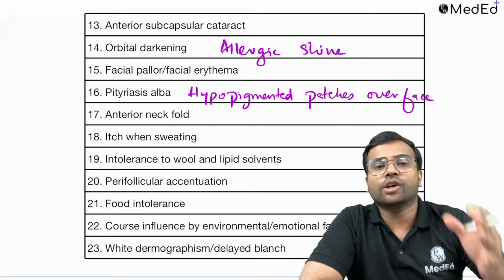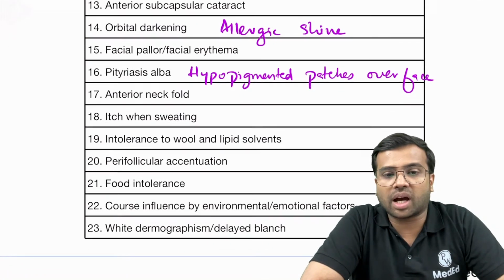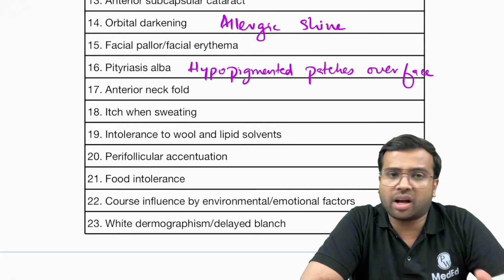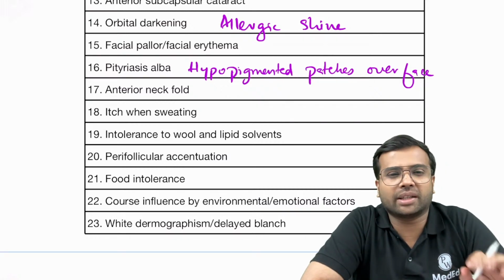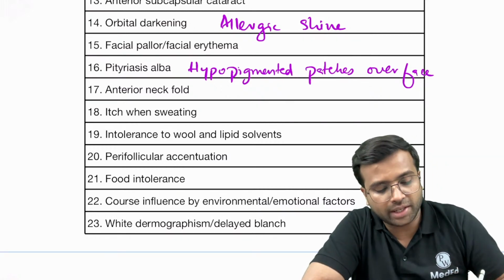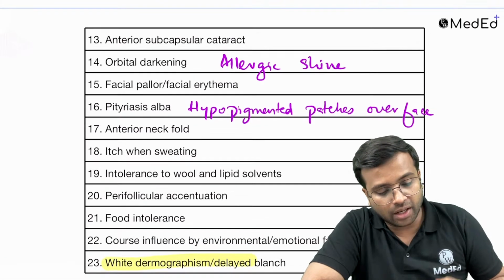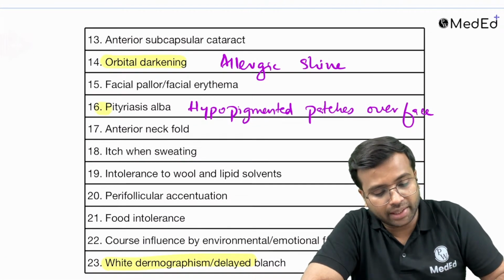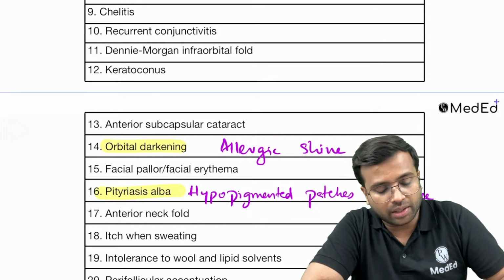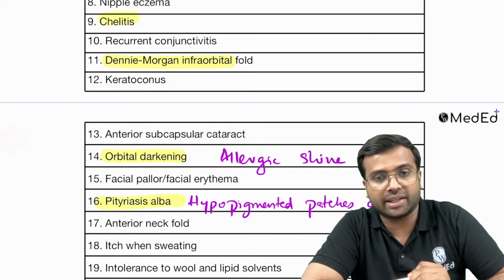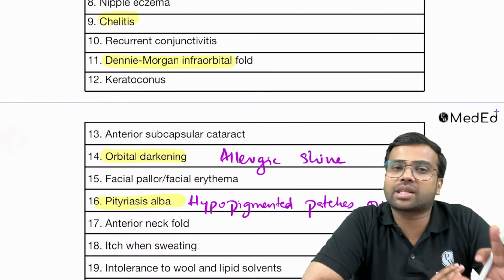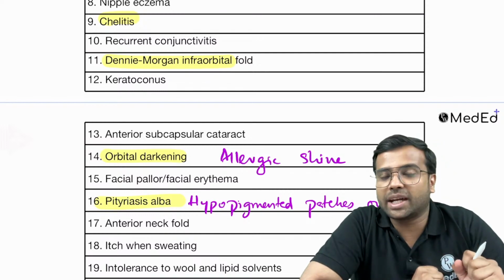Anterior neck folding. So all these things come under the minor criteria. Out of all these minor criteria, the important ones like white dermographism, orbital darkening, pityriasis alba, Dennie-Morgan fold, cheilitis, I have added some images so that your understanding would be better.